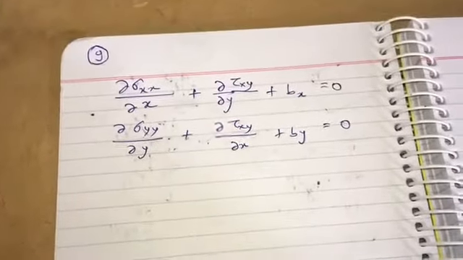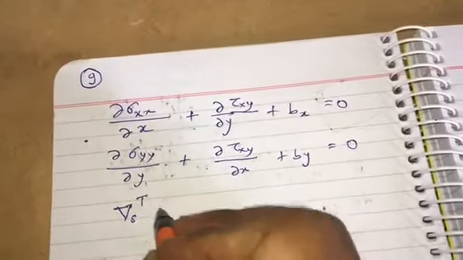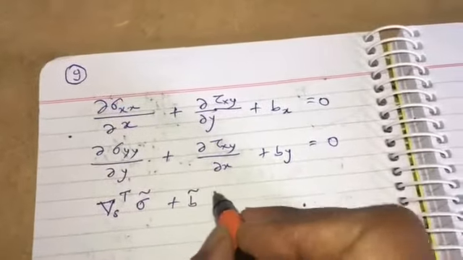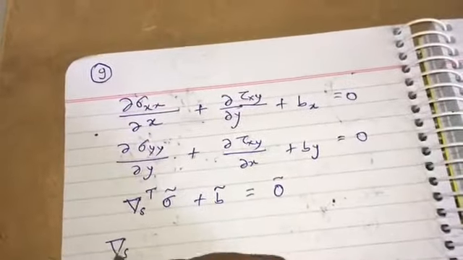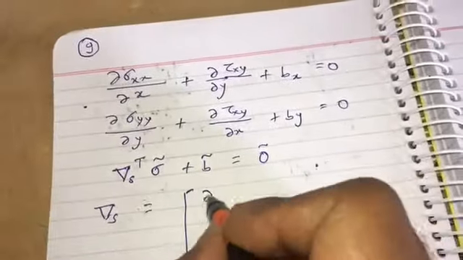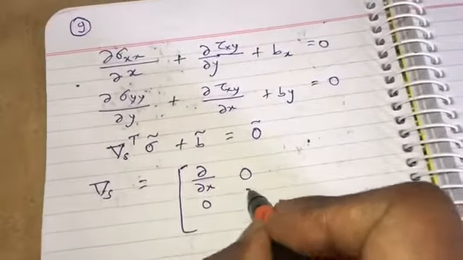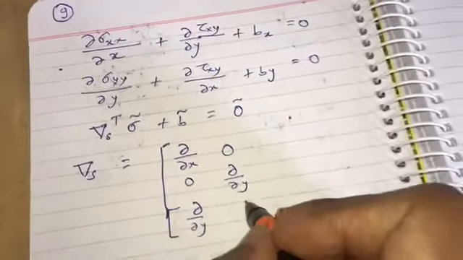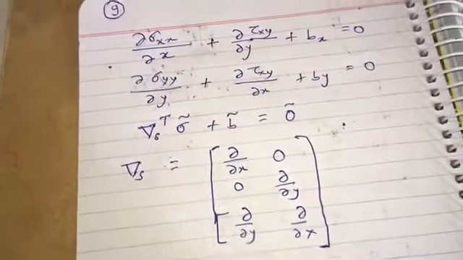Okay, and we combined them together and we said we can write it as del s transpose sigma plus b equal to 0 vector, where del s is nothing but del over del x, 0, 0, del over del y, and here del over del y, del over del x.